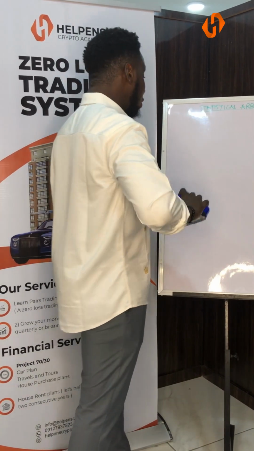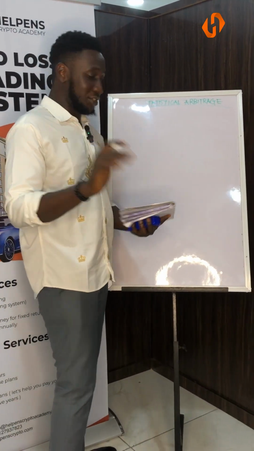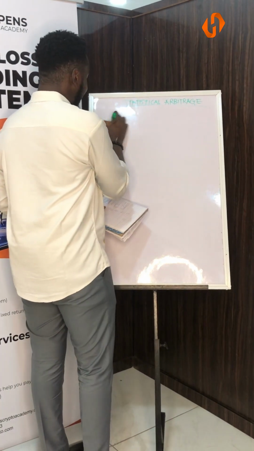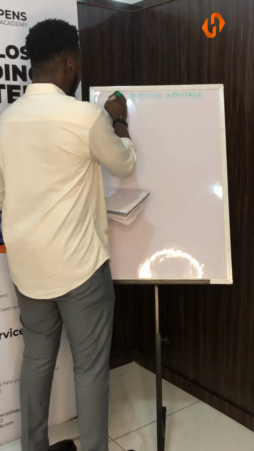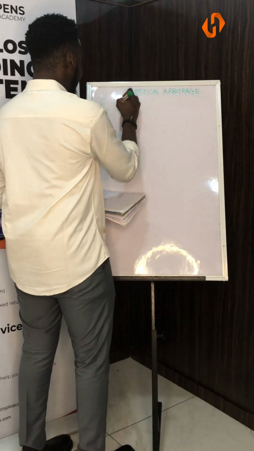Okay, now we're going to draw a very simple table. Like I said, it's not a difficult calculation. This very simple table contains the X variable or the X commodity, which is the crude oil, and then the Y, which is the Brent.